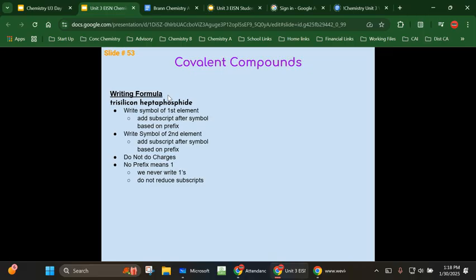Actually, no, sorry. Hepta is what? 7. But you'll have that on your periodic table. What's phosphide? Which element would come down to being phosphide when we changed its ending to IDE?